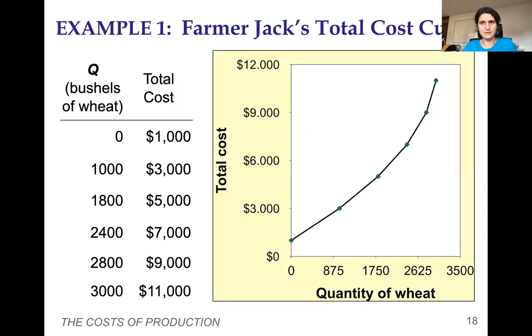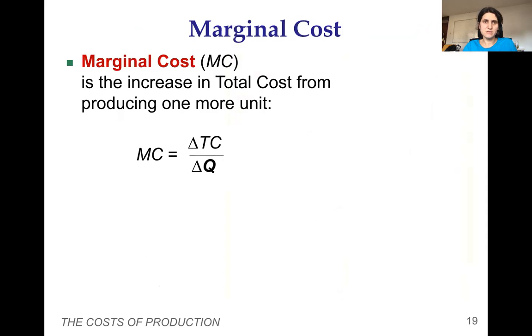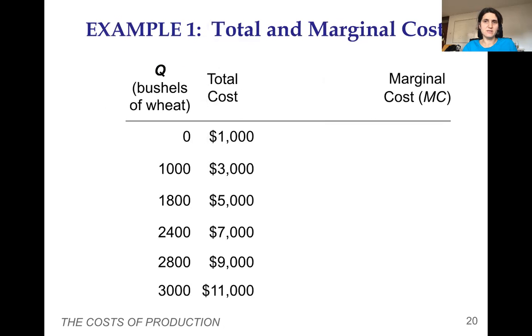Marginal cost is the increase in total cost from producing one more unit. So this is the change in total cost as Q changes. As Q changes by 1,000 in here, total cost changes by 2,000. So marginal cost is 2.